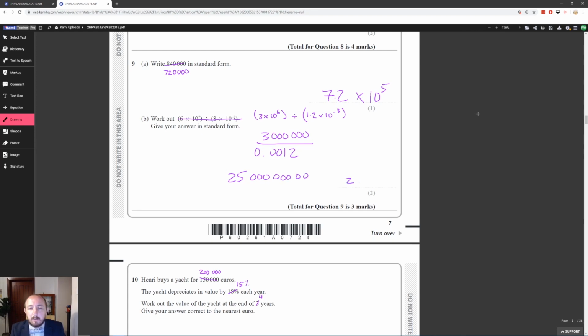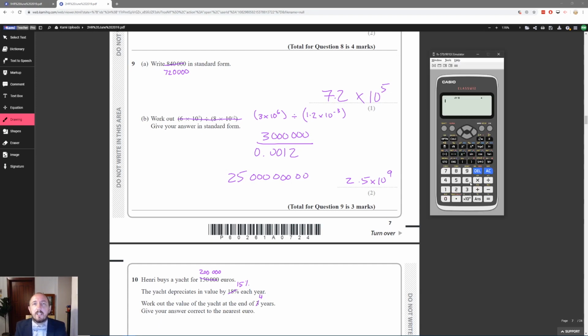So it's going to be 2.5 times 10 to the 9. Yeah. We can check that on the calculator. So we can put this in as 3 times 10 to the 6, and then divide that by 1.2 times 10 to the minus 3. And we get 25 and then the same number of zeros there.